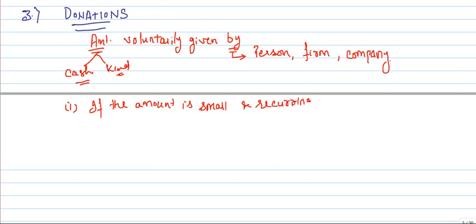Recurring in nature means you have decided to give rupees 1,000 every month to an NPO. So it is recurring in nature, a small amount and recurring. Recurring means you are paying it at the regular intervals. Again and again you are paying that, right? In this case, if it is small and recurring in nature, then you can take it to income and expenditure account.